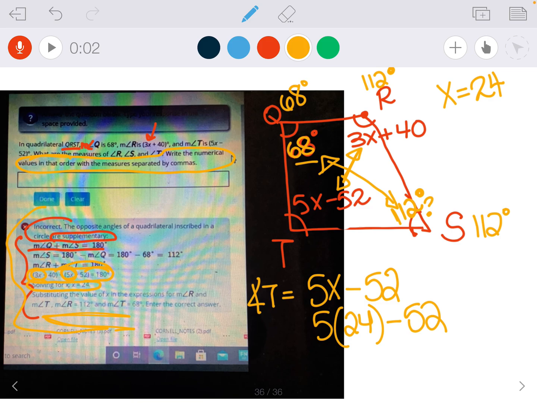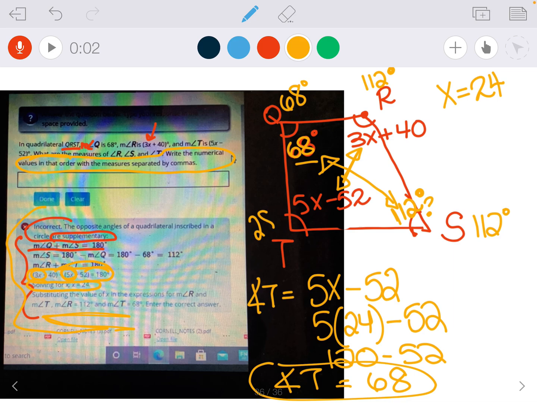So let's see, 5 times 24. Remember, order of operations, that is exactly why I did that first. 120 minus the 52. So I get 68. Look at that. Actually, two of these were the same, weren't they? Q and T were the same. R and S were the same.